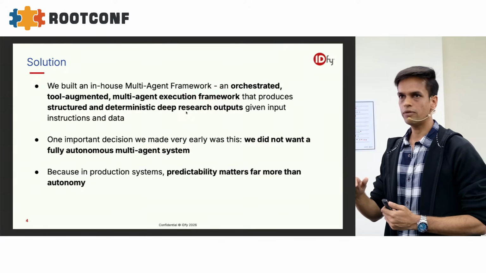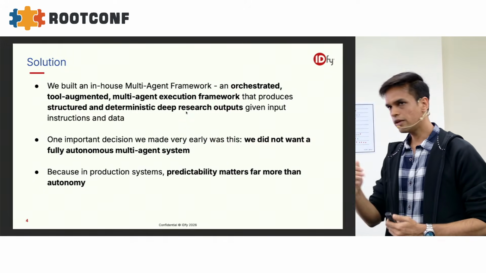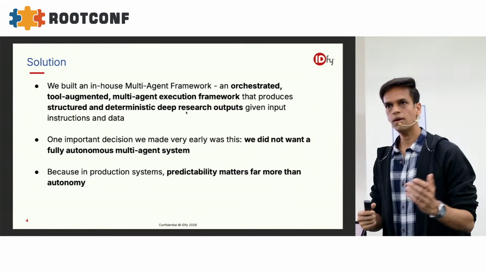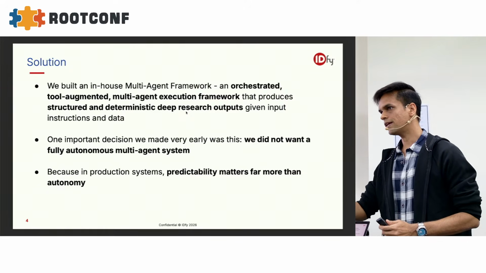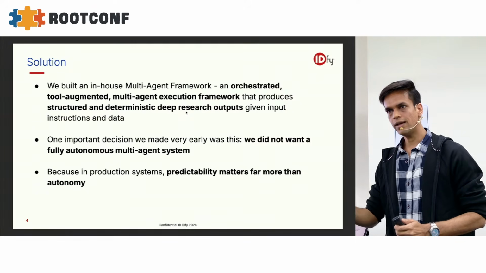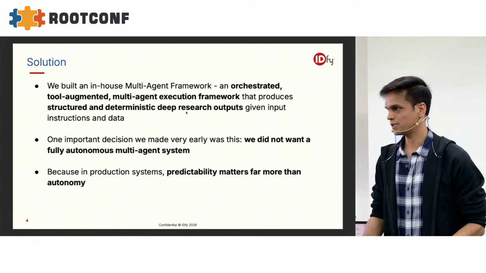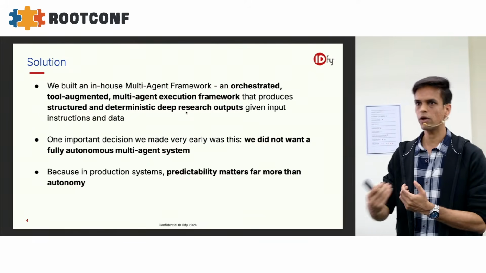We never wanted a fully autonomous multi-agentic system, right? Again, for the same reasons that you talked about, for my business use cases, I cannot rely on, let's say, an AI agent that can take its call on its own, have free will, and then generate some output for the users to see, right? I wanted full control over how my workflow is being orchestrated.